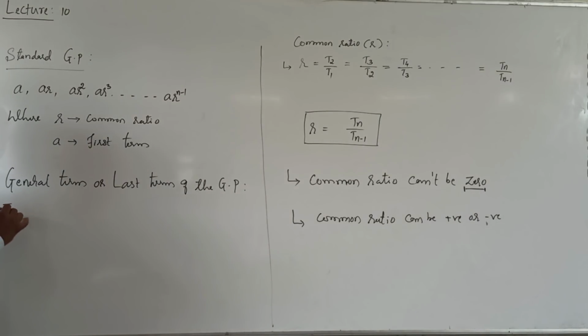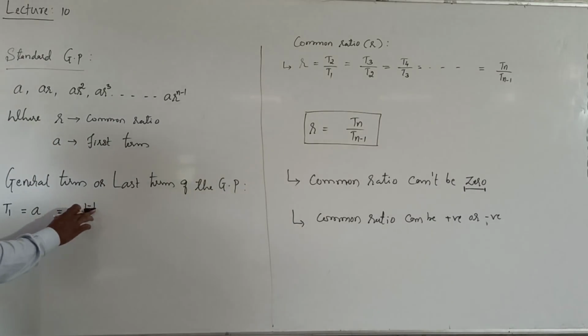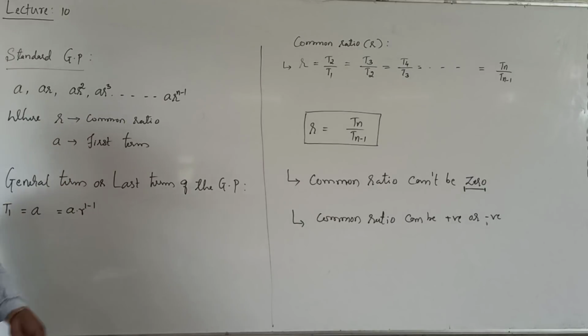What is T1? T1 means first term. From the standard form of the GP, what is first term? A. Just rearrangement. For our convenience, I will write A as A into R power 1 minus 1.